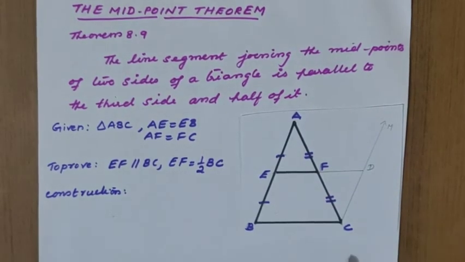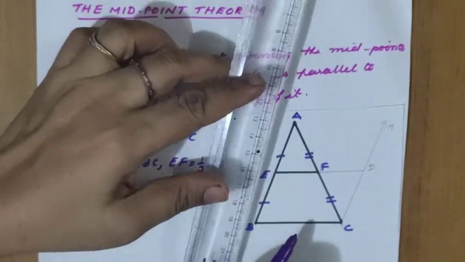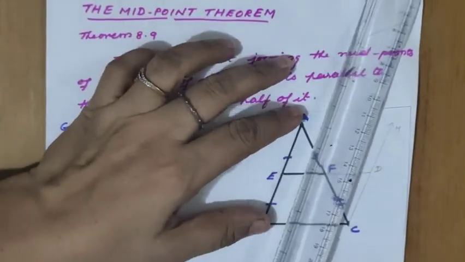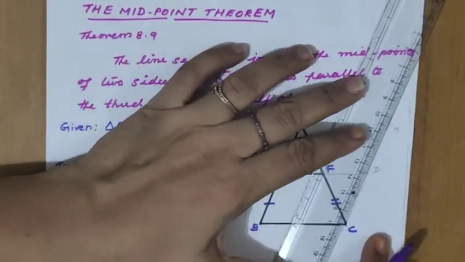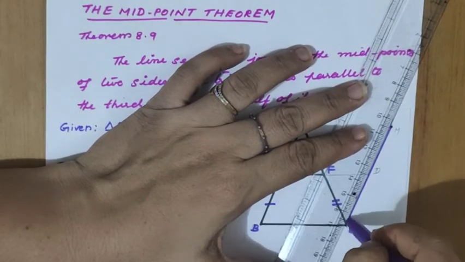We have to draw a parallel line CM to BA. So draw CM parallel to BA. BA is this side, so with the same side we are drawing the parallel line. So I am drawing a parallel line CM here.